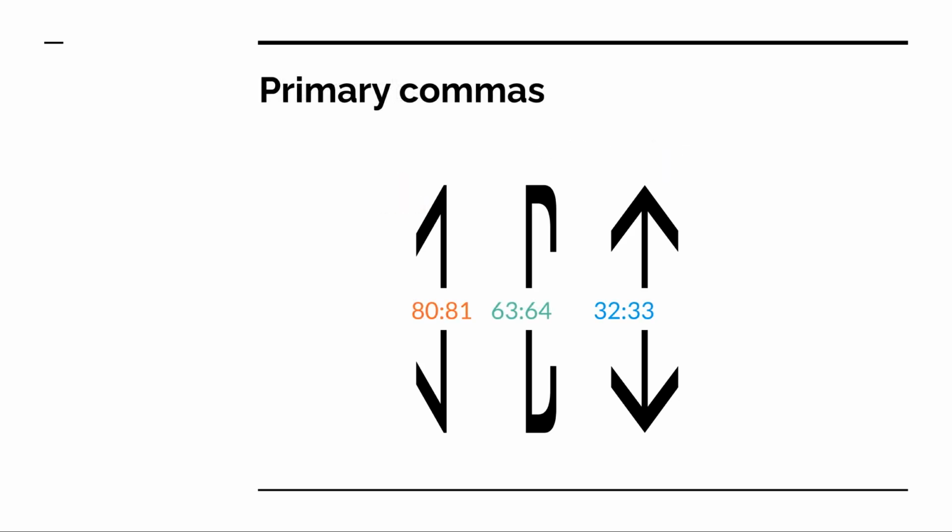Speaking of commas, every Sagittal has a primary comma. It's a comma, or a small, justly intoned interval, and it's primary because it's not the only comma the Sagittal can represent, but it is the main one. Each Sagittal has the potential to represent any value from within a range of values, but in the absence of other specification, this is the one you should interpret it as.